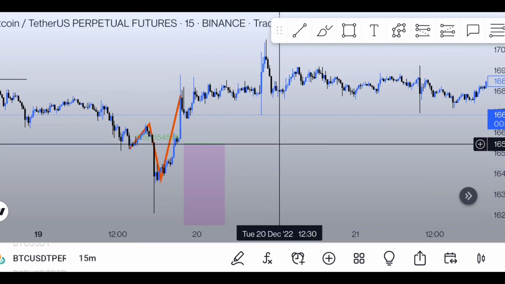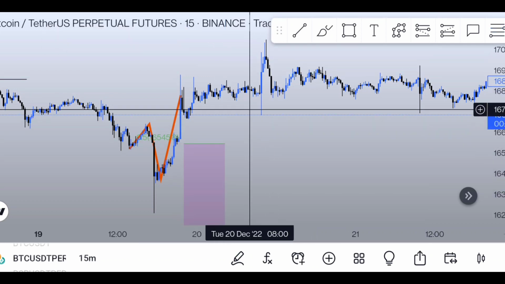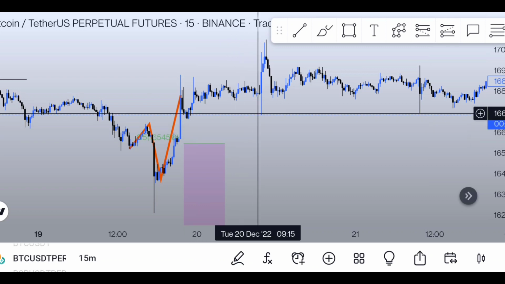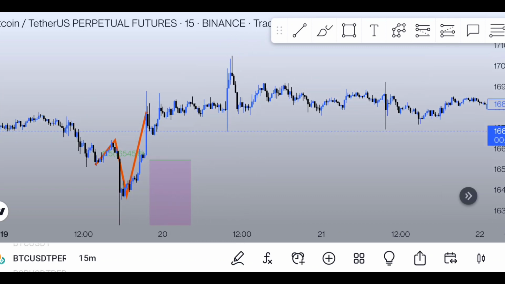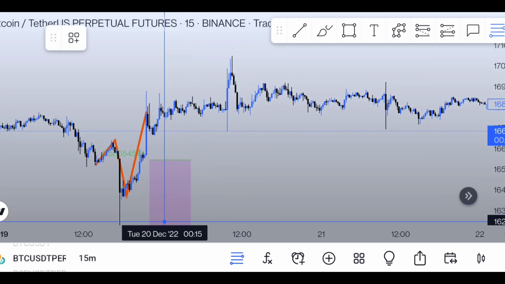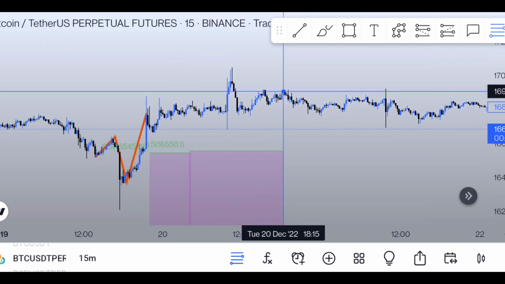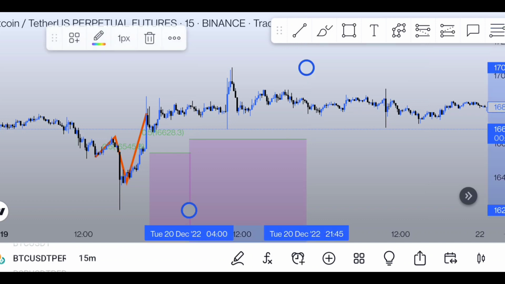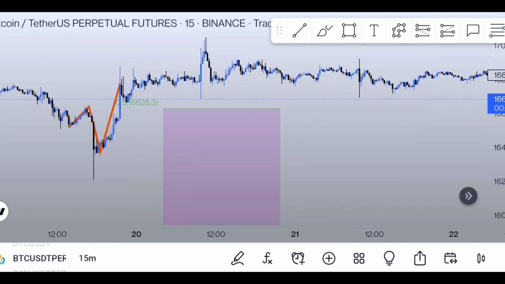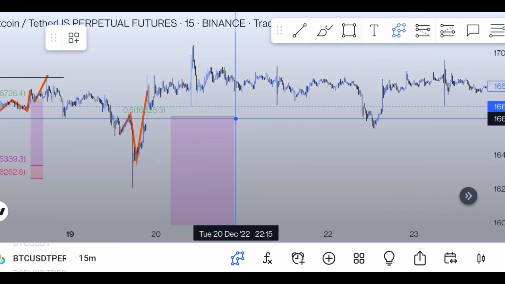See, our 0.5 fib level is at this point. It didn't come under the 0.5 fib level, so we waited. Now it made another high, so again we will draw the 0.5 fib level from this point to that high, okay. Once it comes under this 0.5 fib level, we would long.